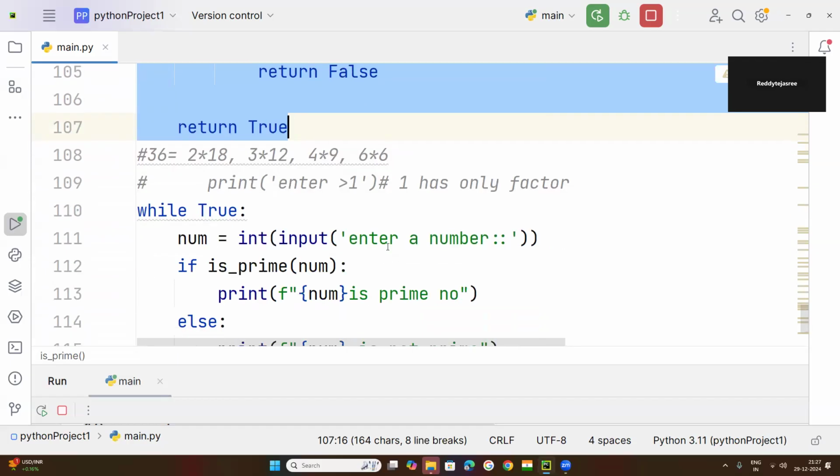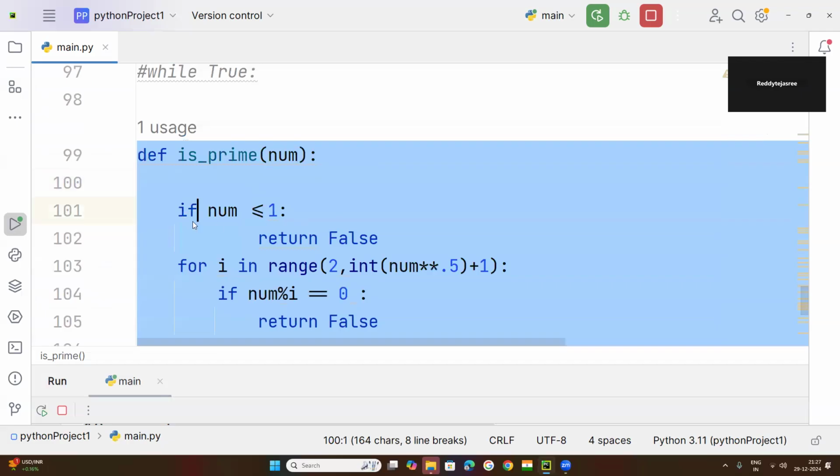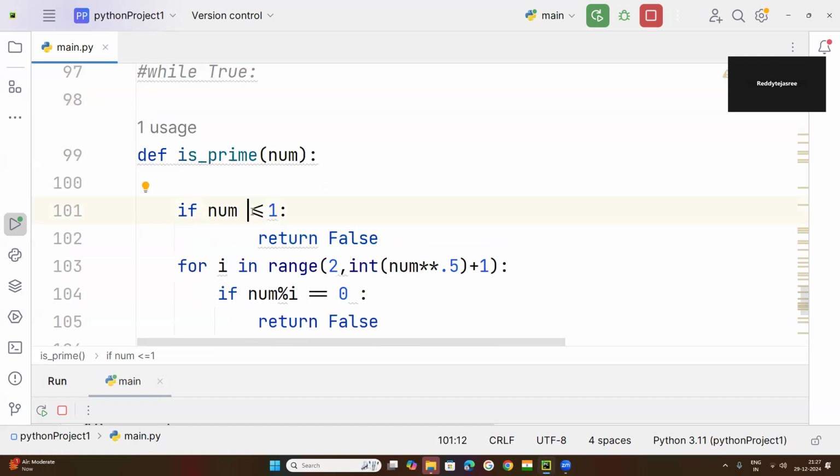Next, in a small implementation, I want to add this to the code. So if the user enters less than or equal to 1, print a message, what?